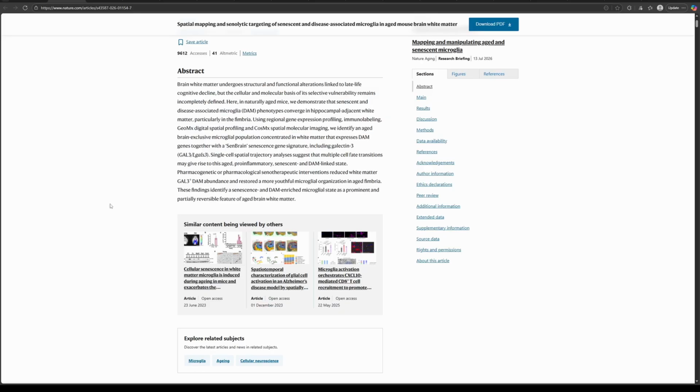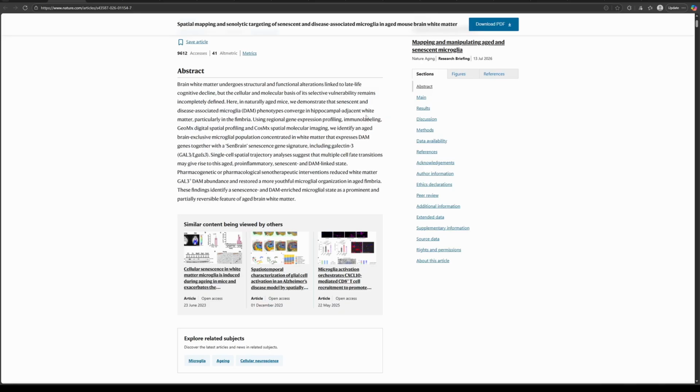So the abstract is: white brain matter undergoes structural and functional alterations linked to late life cognitive decline, but the cellular and molecular basis of its selective vulnerability remains incompletely defined. Here, in naturally aged mice, we demonstrate that senescent and disease-associated microglia, DAM phenotypes, converge in hippocampal-adjacent white matter.